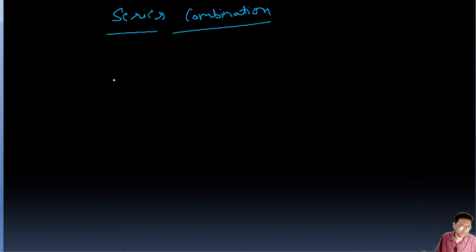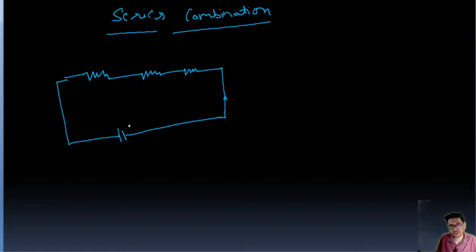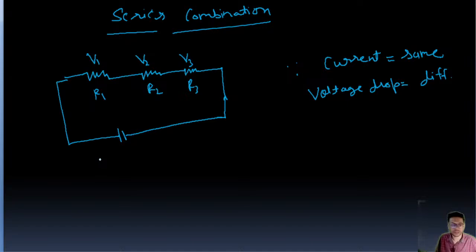Series combination. We'll make a series combination. So this is R1, R2, R3, and this is V1, V2, and V3. In a series combination, we know that the voltage drop is different.